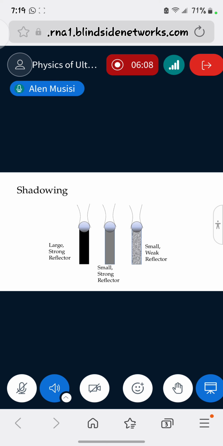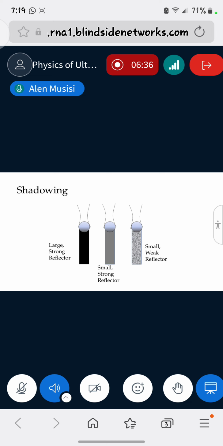If it encounters a small, weak reflector, this weak reflector will cast a very small shadow that you have to be observant to see it. Like, for example, very small stones which are in just formation.